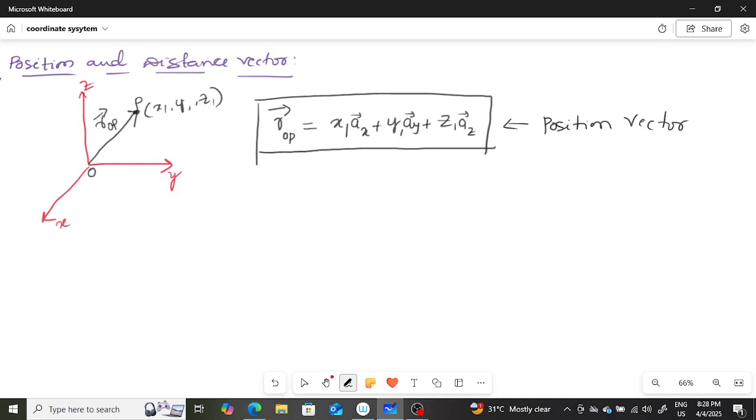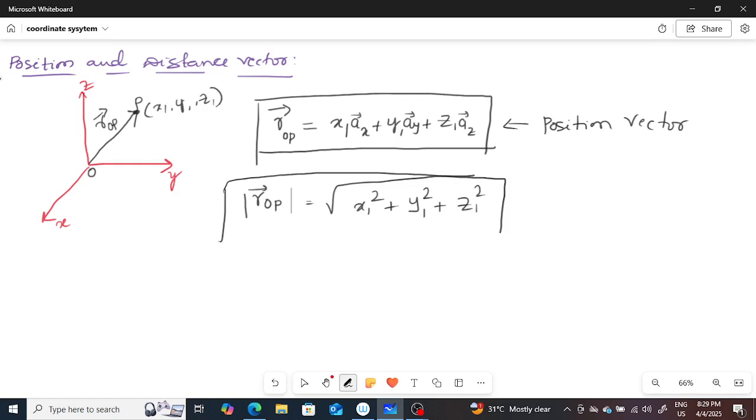That is a very clear mathematical formula from your previous studies: R_OP is a vector and its magnitude is the square root of x1 square plus y1 square plus z1 square. This is the magnitude of the position vector. Please try to remember how I am writing, so you will understand the problems.